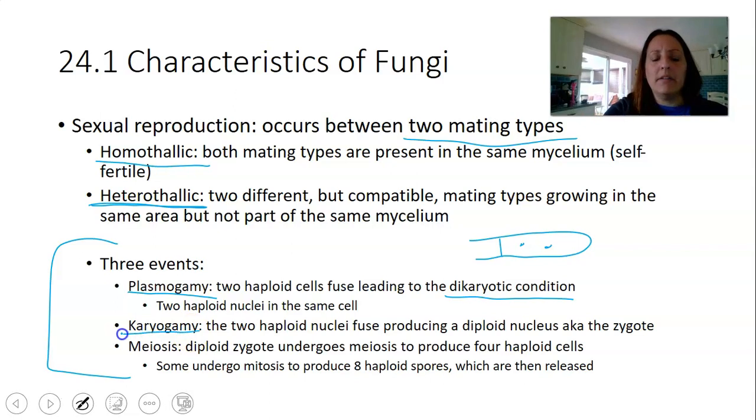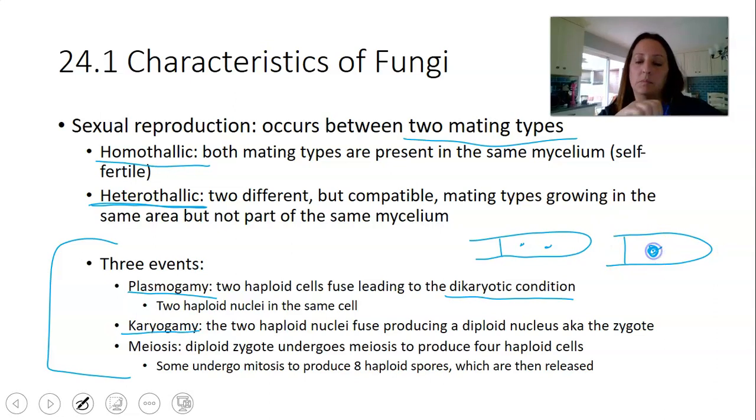The next step is called karyogamy. Karyogamy is the fusion of those two nuclei. So now these two nuclei would become one. The genetic material from those two nuclei ends up in one nucleus. That cell right here is going to be called the zygote. That's the product of sexual reproduction.